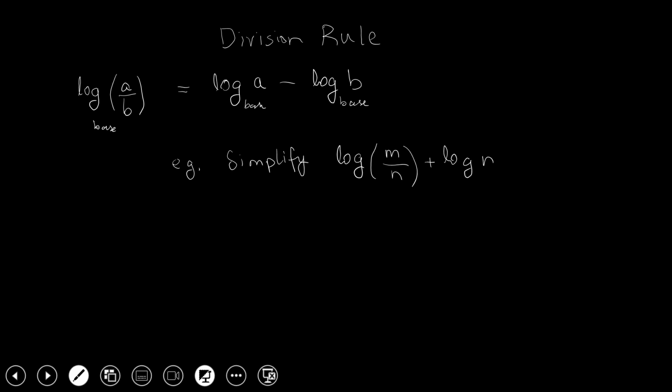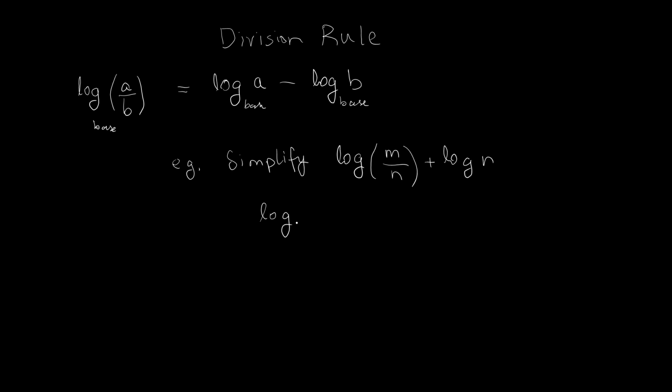These are all the variables. You don't know the values for m and n, right? So in this case, this rule comes in handy. So you apply the division rule, you get log m minus log n plus log n. You cancel out, and the answer is log m.